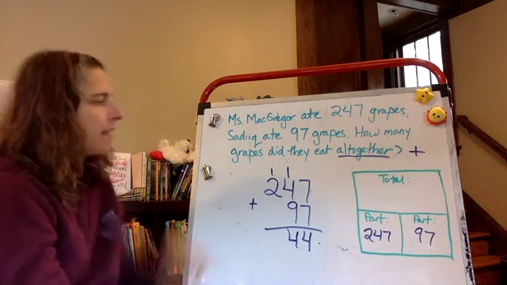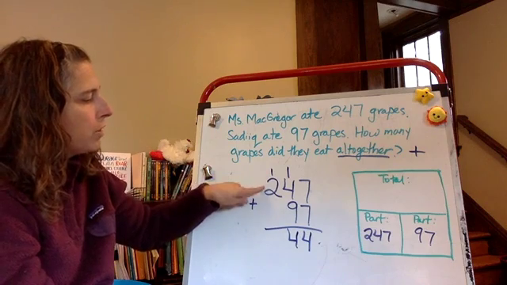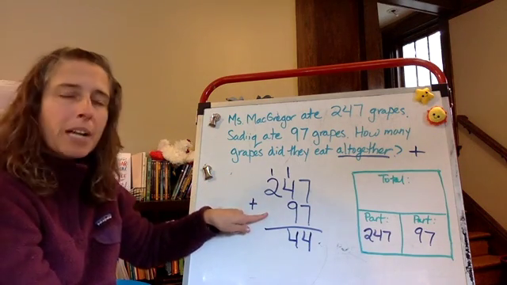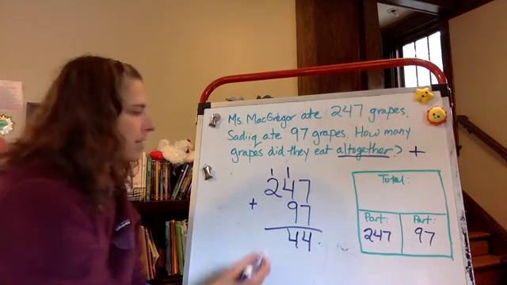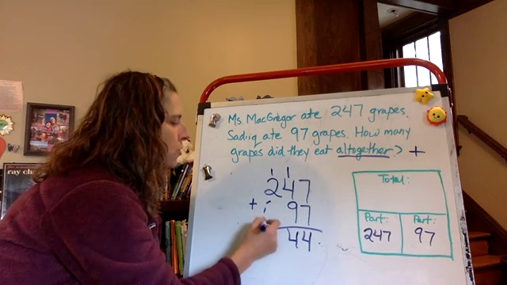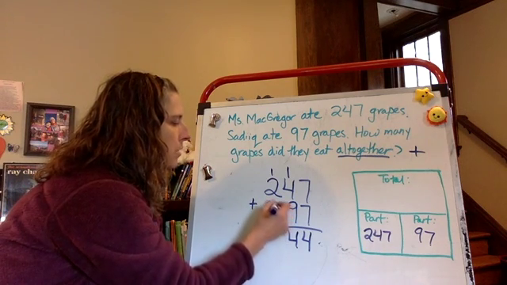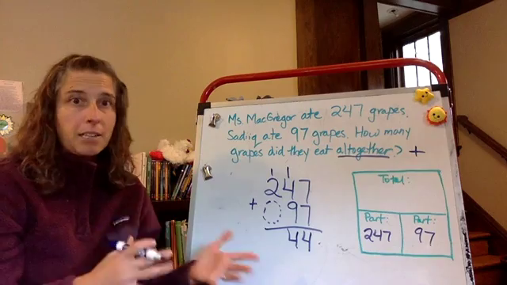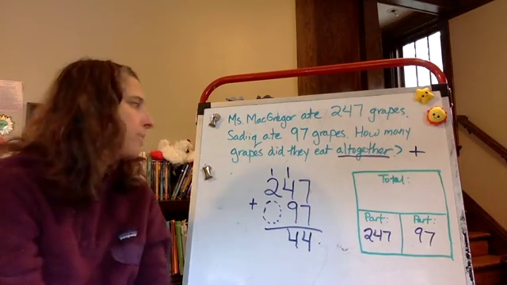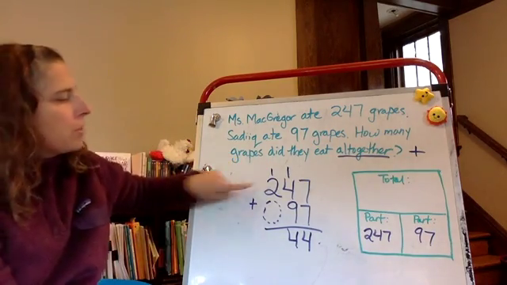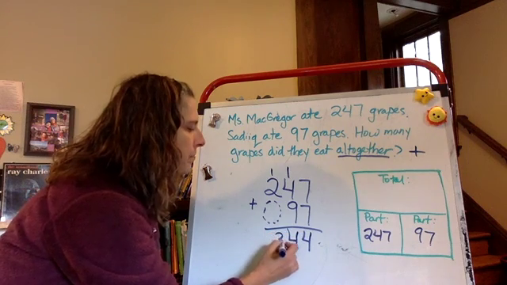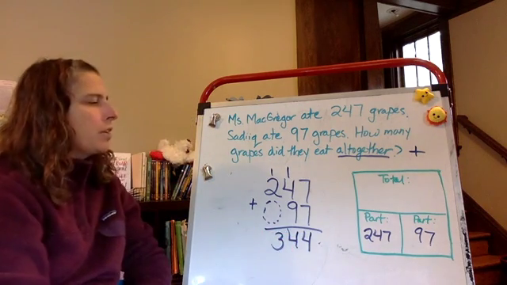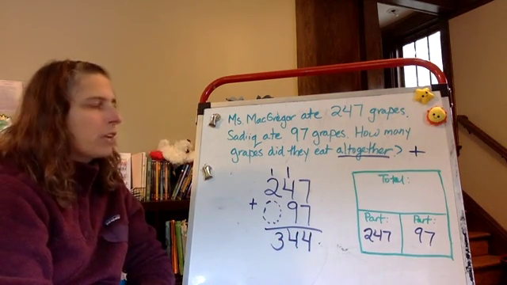So now I have to add 1 plus 2 plus this blank. Whenever you see this blank, you have to read it as a 0. So sometimes what I do is I fill in that blank spot with a little dotted 0 to remind me that's always what I work with in that section. So now I'm going to add 1 plus 2, which gives me 3. Wow. So I know my answer is 344.